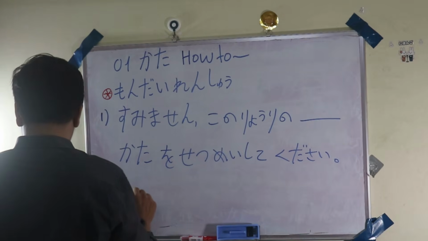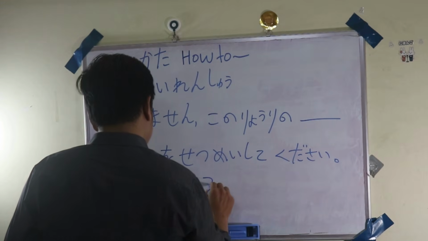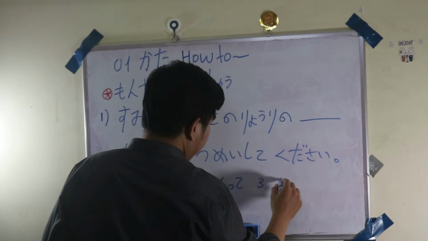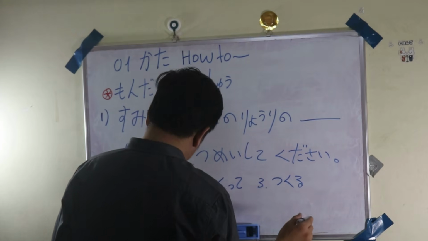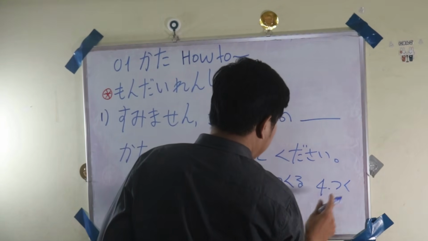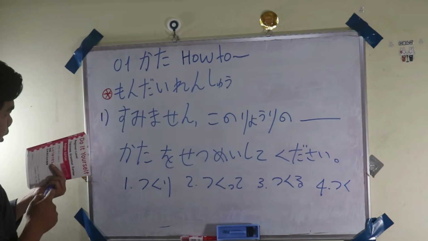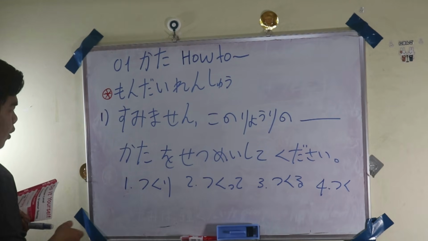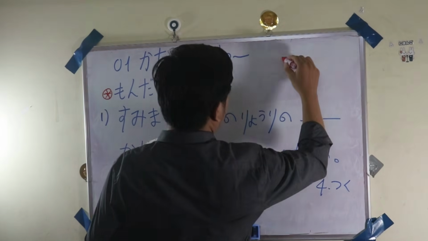Example A1, number 1, すくり. Number 2, すくって. Number 3. You try to practice this exercise. When you study grammar and carry on practicing, the more you practice the more you understand. When you don't practice, you don't understand what is right and what is wrong. You try to remember the connection, verb.